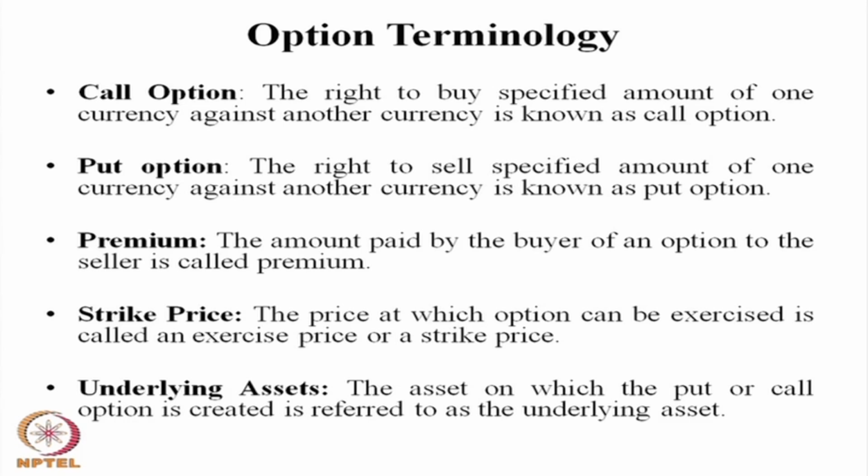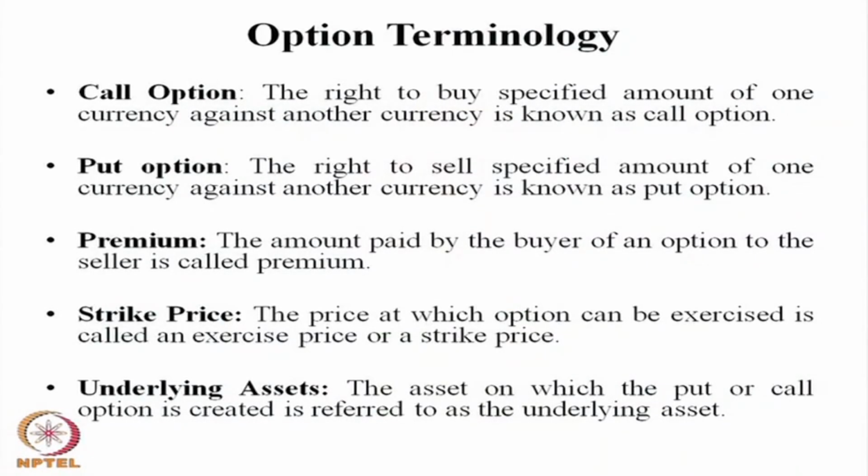He wants to convert the US dollars into Indian rupees. After 1 month, he does not know what will happen to the US dollar rate. So, for him it is a risk. So, he wants to sell US dollars after 1 month, so he purchases a put option, putting the US dollars for after 1 month.